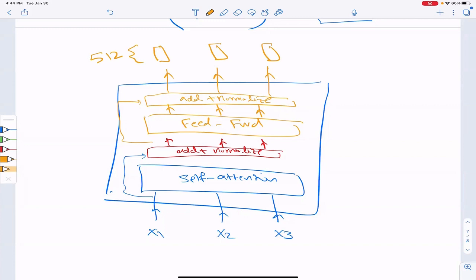And then you can repeat this block 8 times on top of each other, or as many times as you wish, 6 times, 10 times. That is the encoder of a transformer. That is, in fact, an encoder that is being used, or variations of it are being used in state-of-the-art models, ranging from ChatGPT to other models that probably you have heard. That is it.